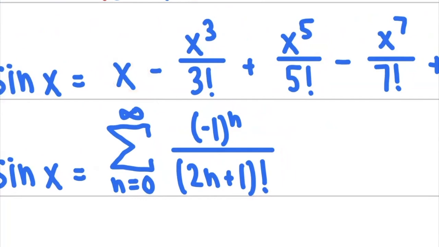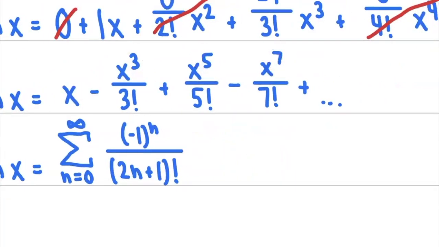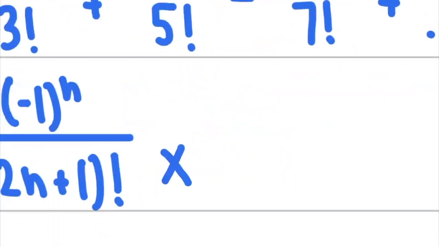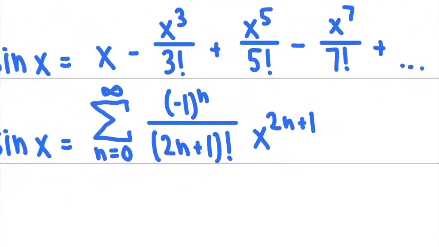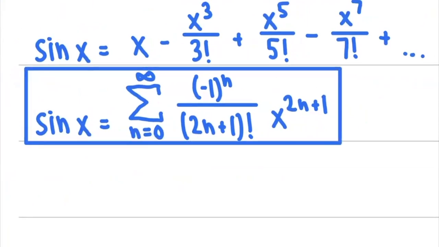If you plug in 1 for n, you get 2 times 1 plus 1, which is 3 factorial, consistent with the second term, and so on. And the exponents are also odd, so I'm also gonna put times x to the power of 2n plus 1, same as the factorial in the denominator. And there we go, that's the Maclaurin series for sine of x.